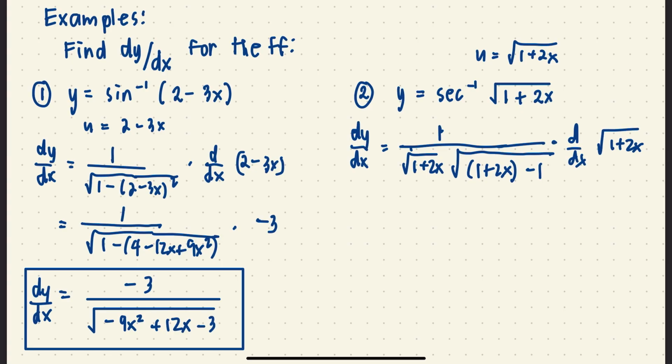When we get the derivative of the square root of 1 plus 2x, we can rewrite this as 1 plus 2x raised to 1 half, so we can just use the power rule. To solve, we simplify everything inside, so it becomes 1 over the square root of 1 plus 2x times the square root of 1 minus 1, which is 0, so the square root of 2x.